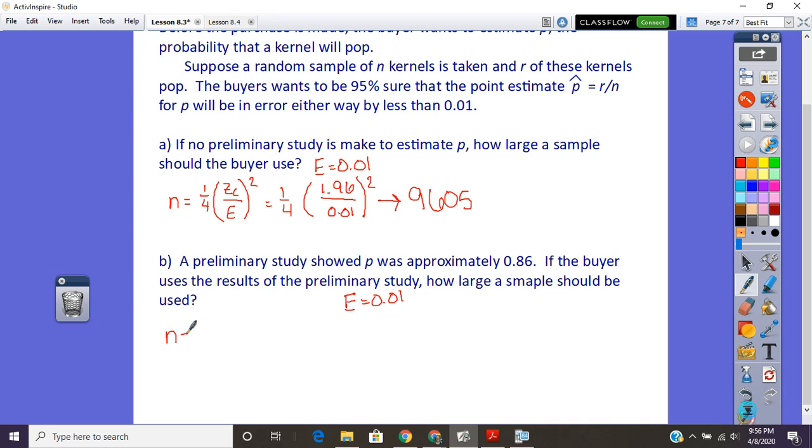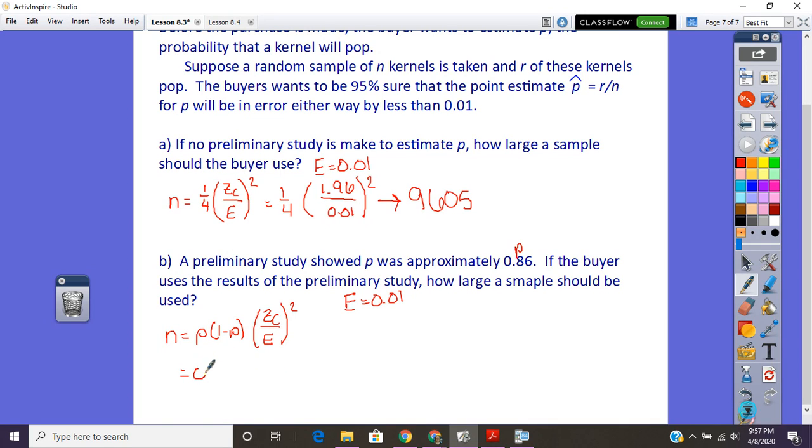So N equals P, 1 minus P, ZC over E, all squared. Well, this right here, this is our P. Our ZC is still that 1.96 from above. So let's actually plug all these numbers in.